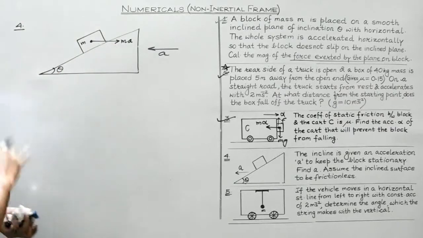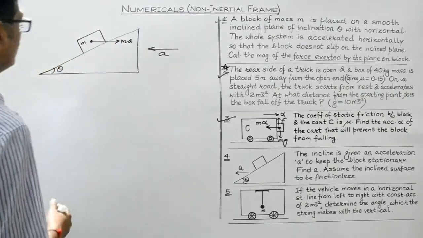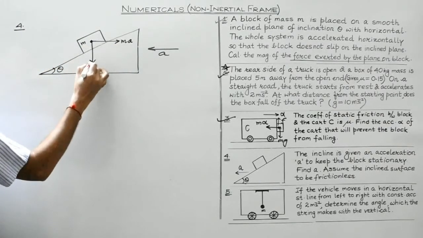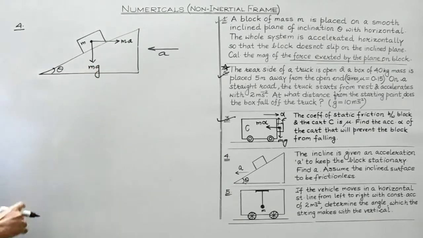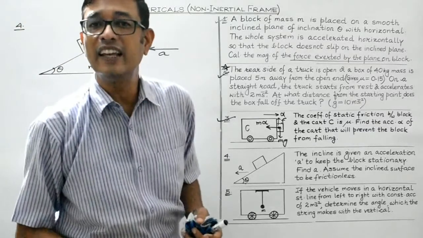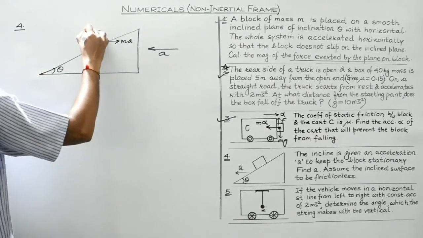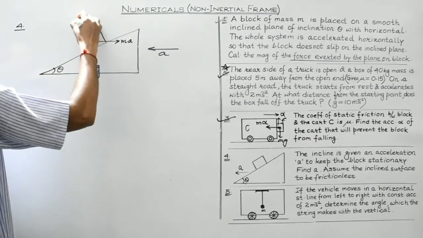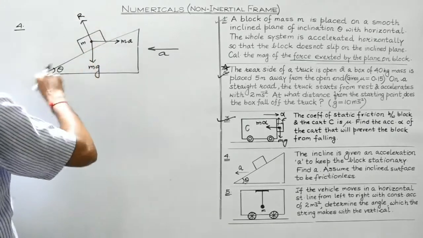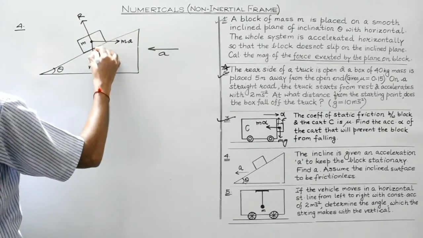Okay, this is the pseudo force, right? What are the other forces acting over here? One is its weight. The other one is the reaction force, which is the force exerted by the inclined plane on the block. And it always acts perpendicular to the surface of contact. So it acts perpendicular to the surface over which the body is placed, right?